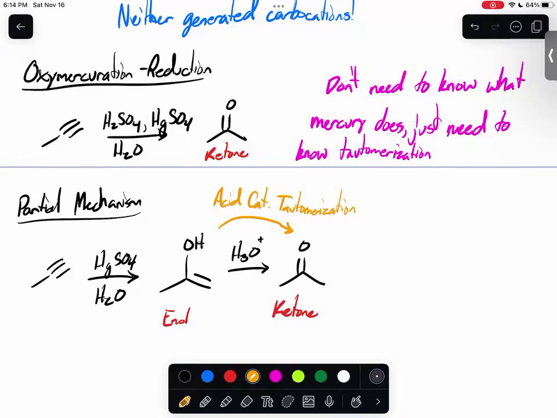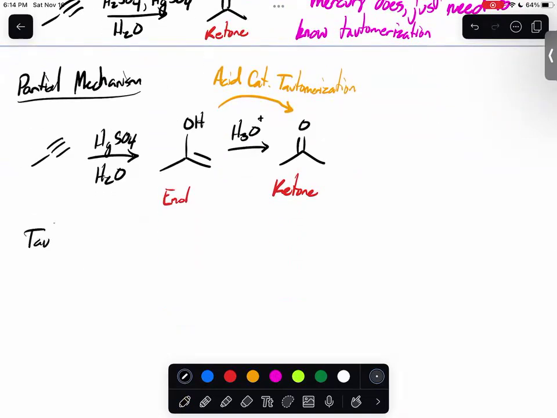All right. So as a reminder of what this would look like for this specific compound, we have our enol, and we're actually going to do this in such a way that we make it a little easier on ourselves in terms of steps. So the first step is still going to be the same, right? Where we have our H3O plus coming in and protonating the alkene.